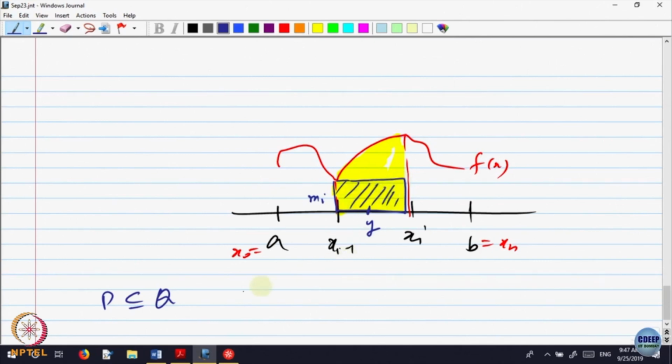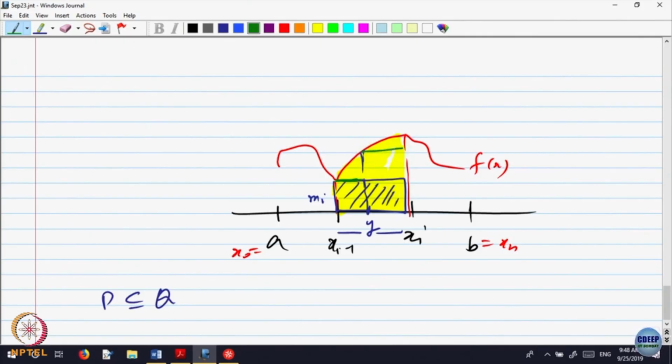Now when I consider Q, I will have to look at the minimum value in this interval and in this interval. So what is the minimum value in this interval? The first one is the same as the earlier one, right? What is the minimum value in the smaller interval?